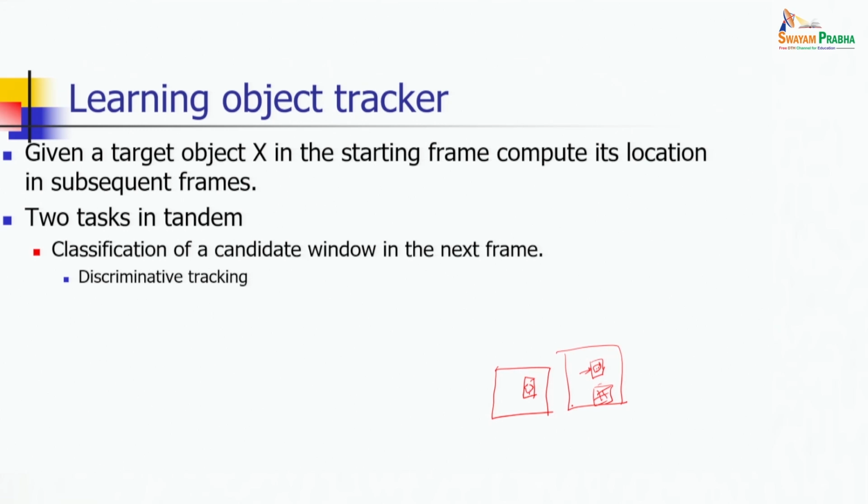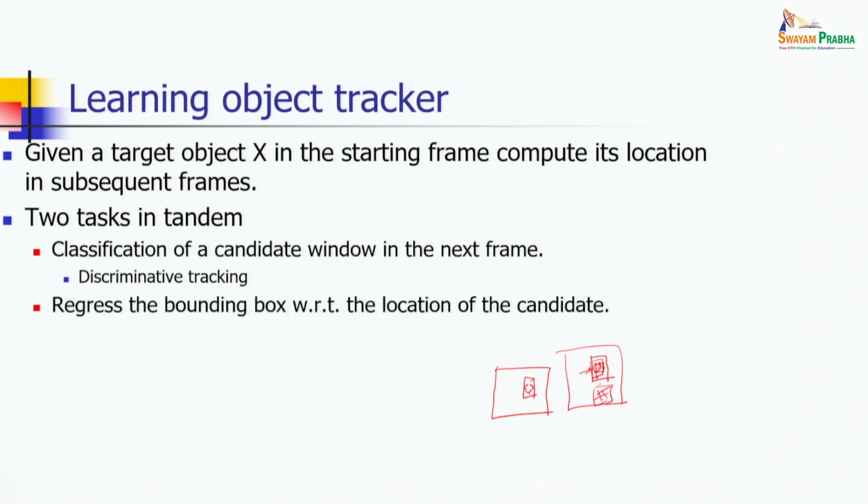The other task is that when you define a target, in the next frame this box may not cover the whole target. So we require a full bounding box which will contain the object. Localization of the object is also important, which means that we need to regress the bounding box.